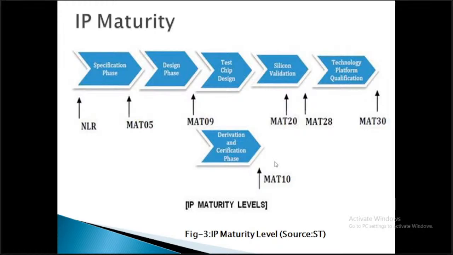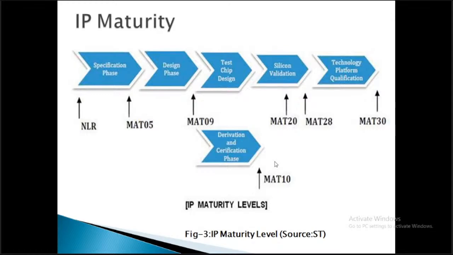Whatever GDS data we have seen right now, these data are fit to a block. They write the code for any FPGA board or the ASIC code, or they put this GDS data on those blocks and check whether the actual functionality is proper or not. That is called silicon validation. And finally, only after completion of silicon validation, we call it a qualified library. It can be used in any SoC. And if we are talking about an SoC, yes, this SoC is working fine.